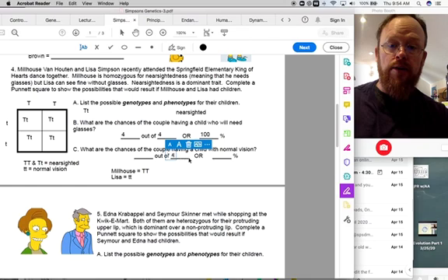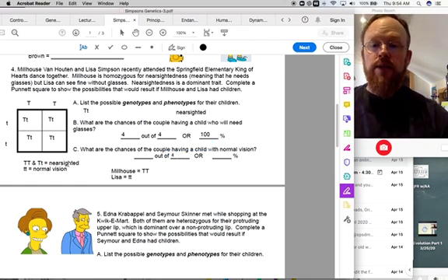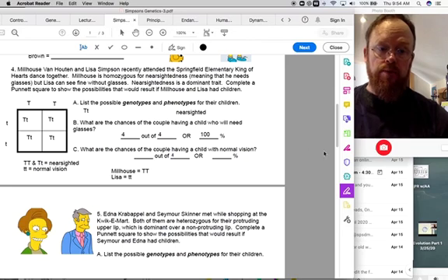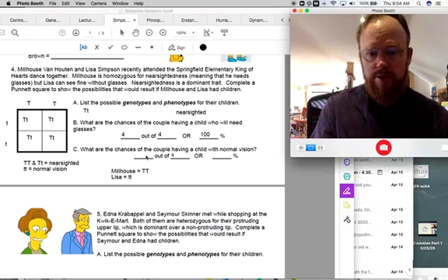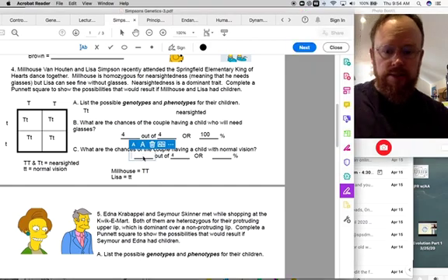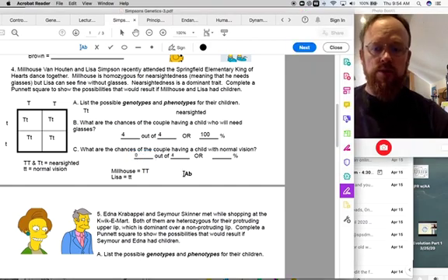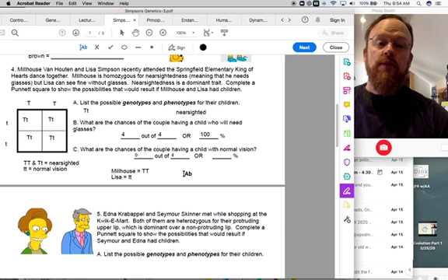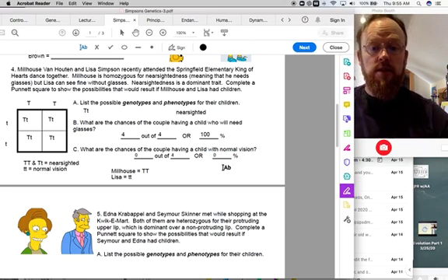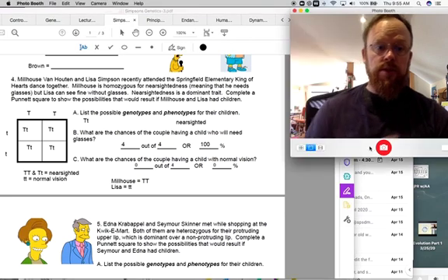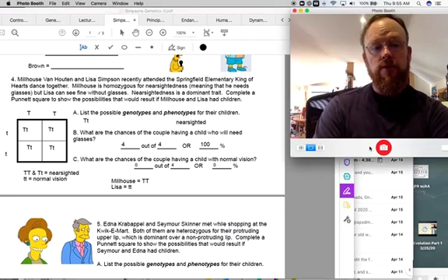Again, this is out of 4 chances. How many boxes provide the possibility that the child might have normal vision? Well, none of them, right? Because there's no little t, and that's the allele that codes for normal vision. So there's a 0% chance that the children of Lisa and Milhouse will have normal vision.